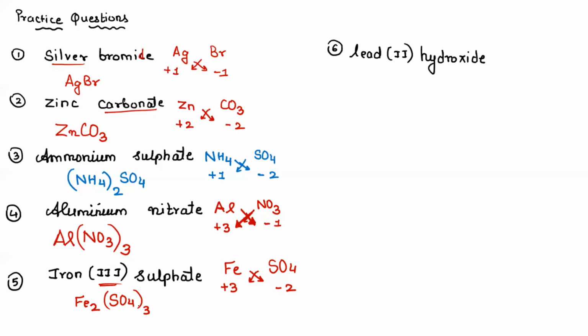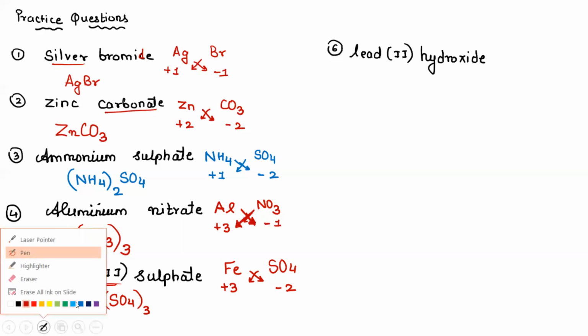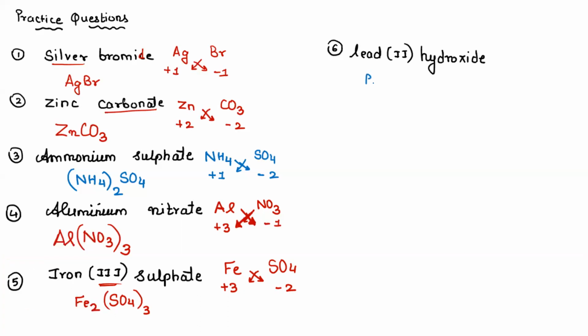Lead 2 hydroxide. Ma'am, lead is Pb2+ and hydroxide is OH -1. Correct. So it will be Pb. How will we write Pb? Because see, it is crisscross, right?